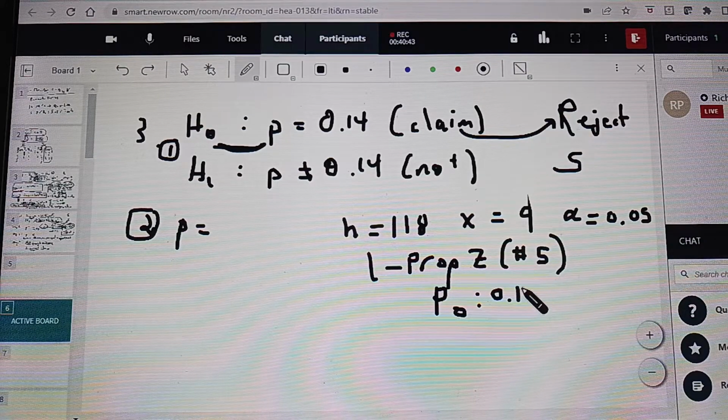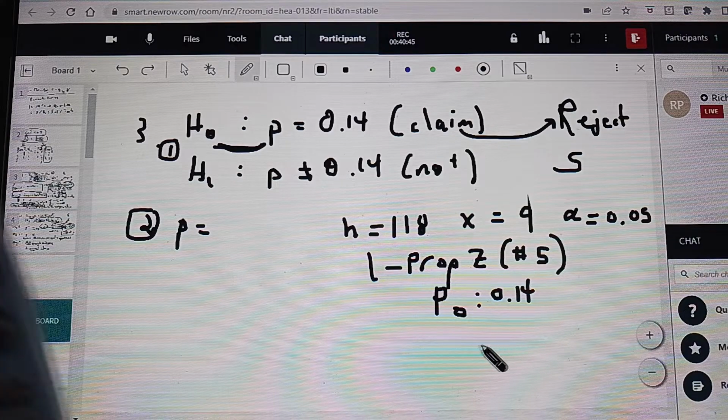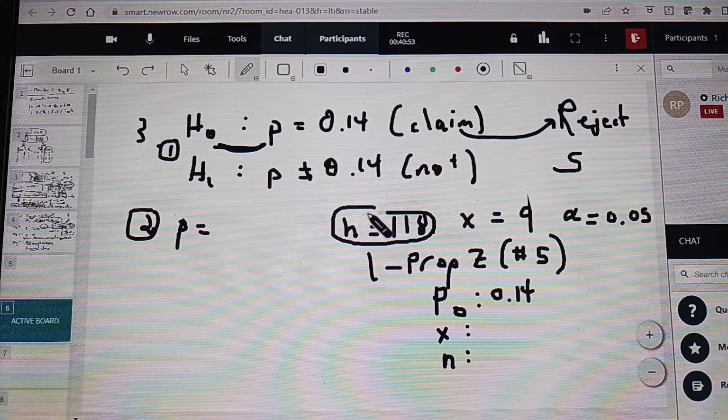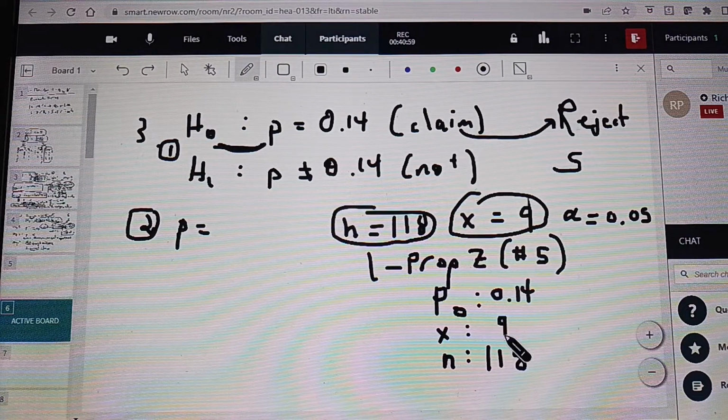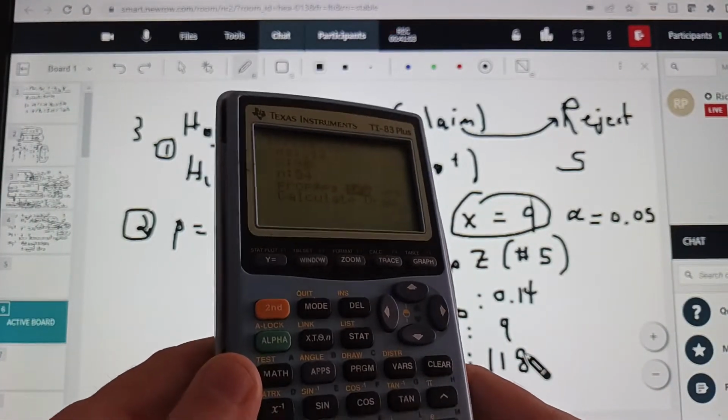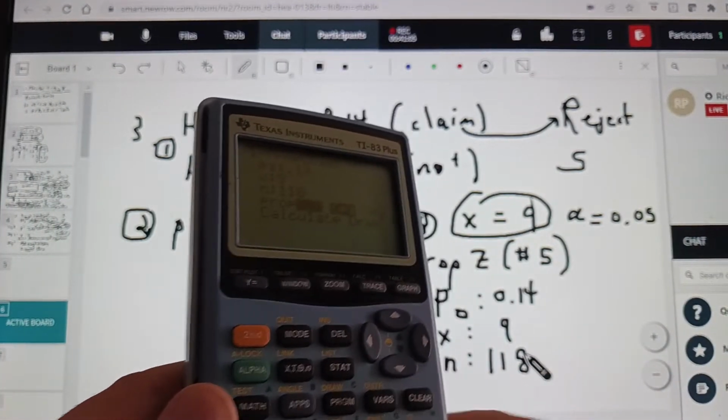If you put 14 for 14%, you'll get an error. The calculator needs X first and N second, but it's often backwards in the paragraph. So the N was the sample size first, 118, and X was 9, the number of yeses. So we need to put the 9 first and the 118 second.